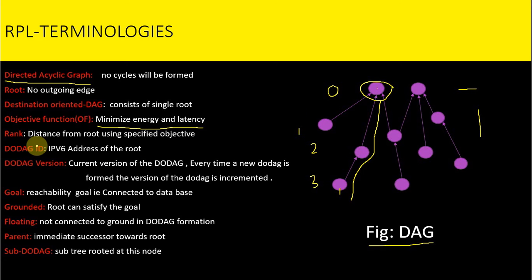Okay, then DODAG ID. So that is basically the IP version 6 address of the root. So IP version 6 means 128-bit address of the root. As we know, the wireless sensor network now uses the IP version 6 address format, because there will be a large number of sensor nodes which should be connected to a particular network.